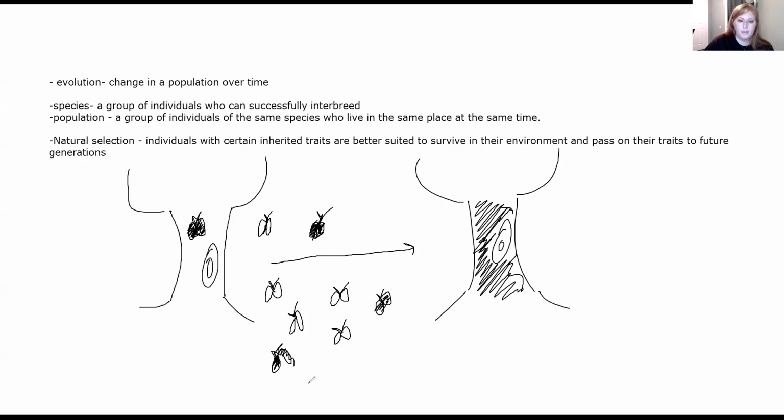Now, as the Industrial Revolution happens, the tree bark changes colors. What do you think is going to happen to our moth population? Right now, we mostly have light-winged moths because the trees were all light, but now they're stained with soot. What's going to stand out more against our new soot-stained trees? White moths or dark moths?